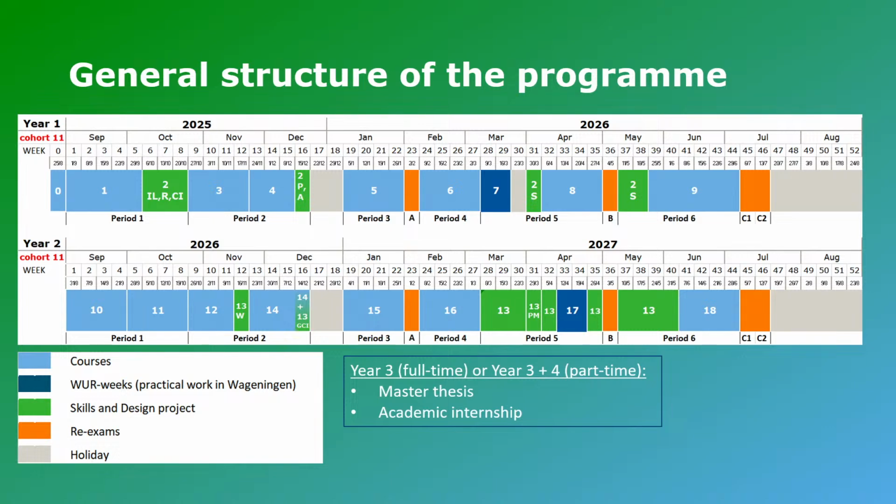And in those weeks you are trained in skills that you can use for your study and also for your work. For example, finding literature, giving a presentation, argumentation, scientific skills, scientific writing, things like that.